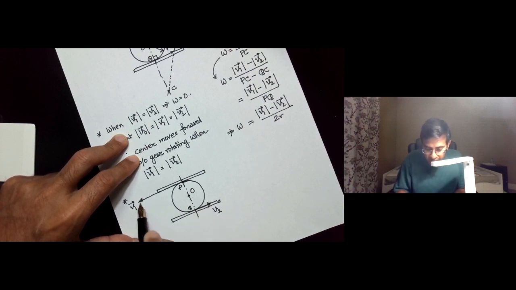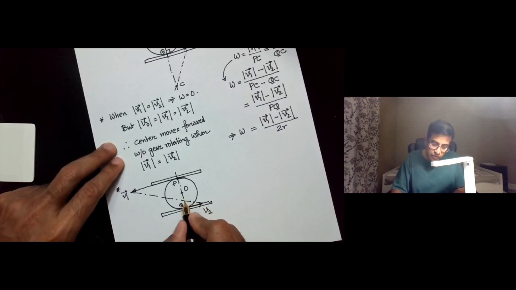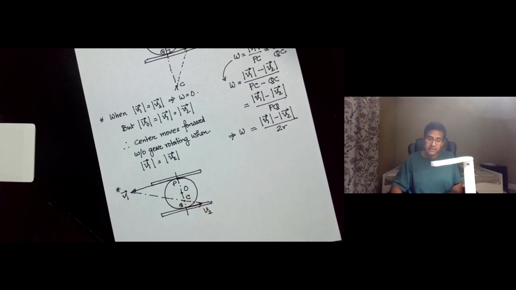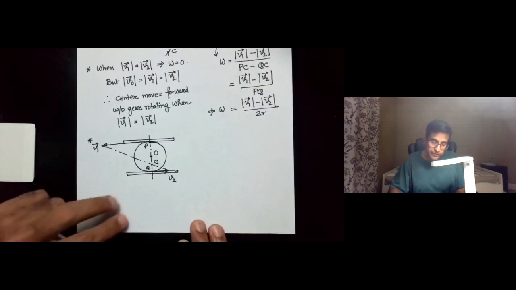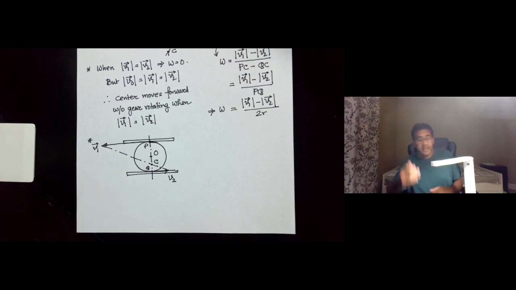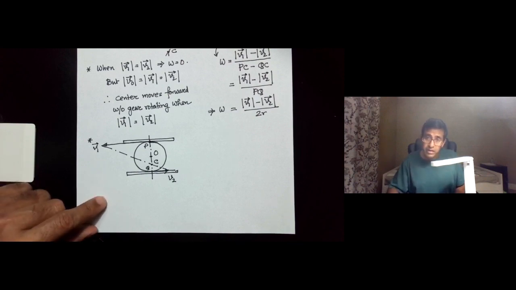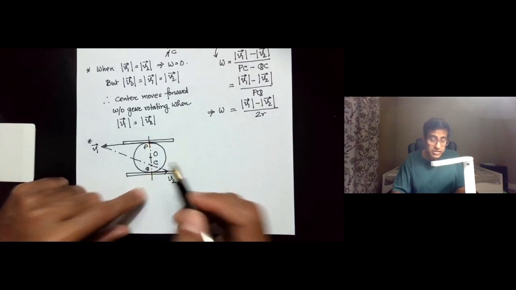So we can again join the tip of the two velocity vectors, and we see that the instantaneous center now is over here at C, which is different from the geometric center of the gear O. So this is another scenario where the geometric center or the contact points are not the instantaneous center.